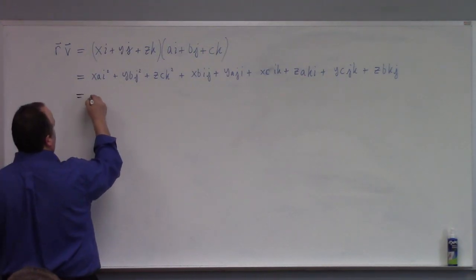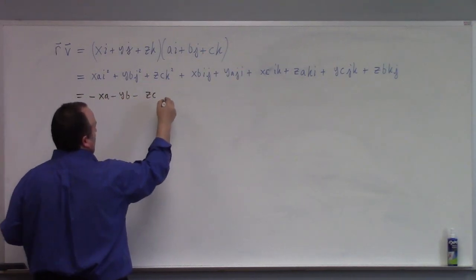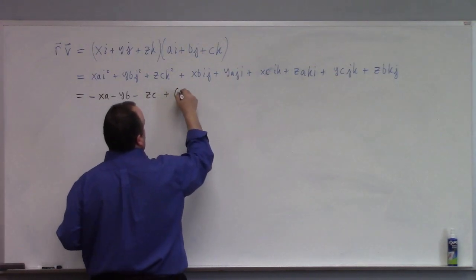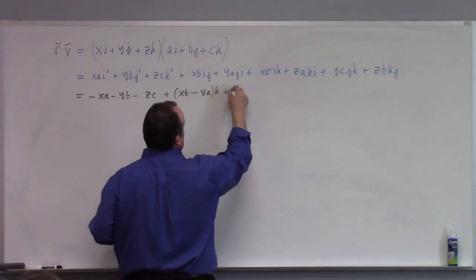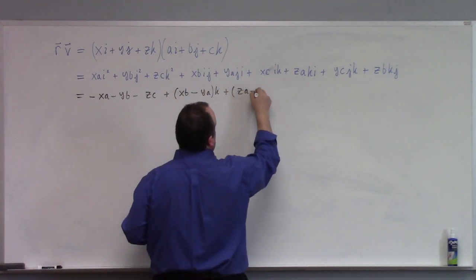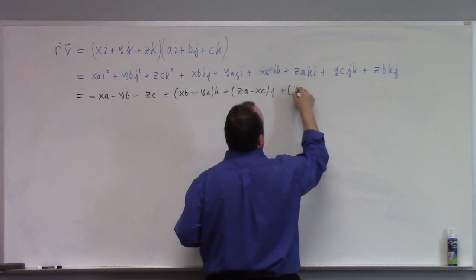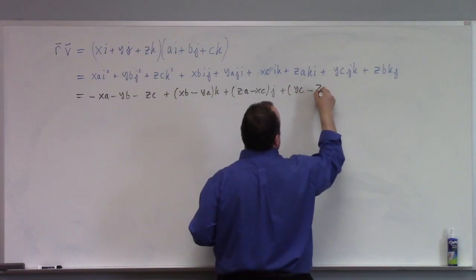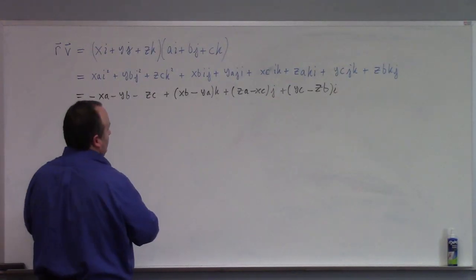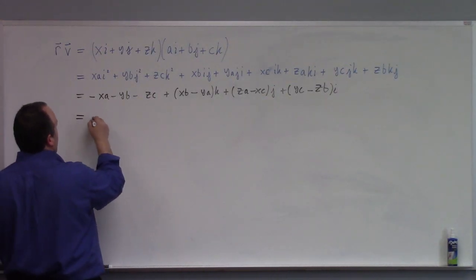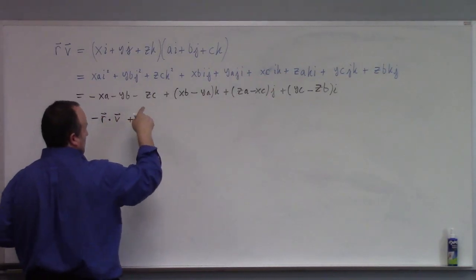So this is minus xa minus yb minus zc, and then over here we've got (xb minus ya)k plus (za minus xc)j plus (yc minus zb)i, which in our usual notation is what? Minus r dot v plus, what's that?